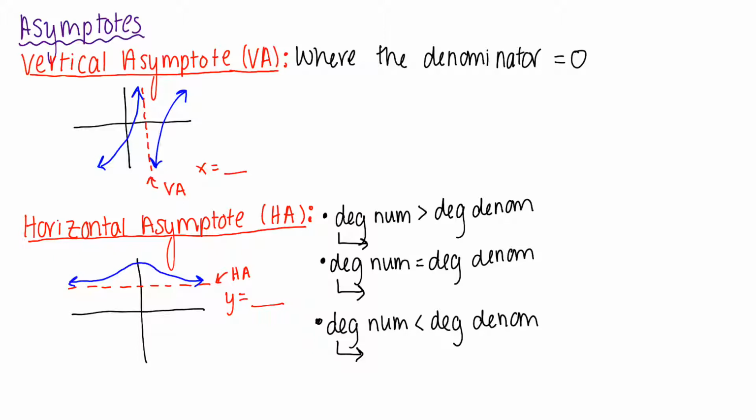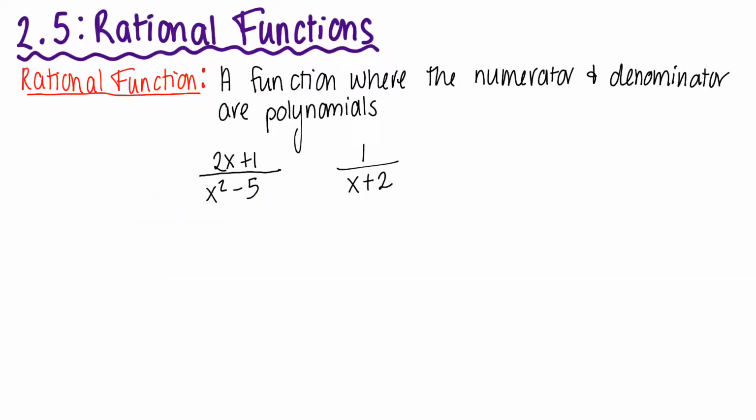So it all depends on the degree of your numerator versus the degree of the denominator. So if I go back here and look at this guy here, the degree of the numerator, that's the highest power on x, and the highest power on x is 1. So the degree of the numerator is 1. The degree of the denominator is 2 because the highest power on x is a 2.